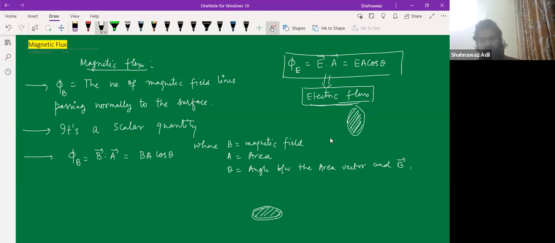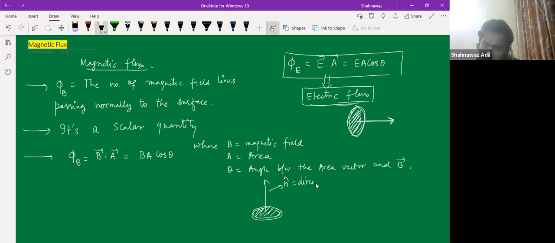The direction of area is perpendicular to this. Normal to this surface, that is the direction of the area vector, called n hat.